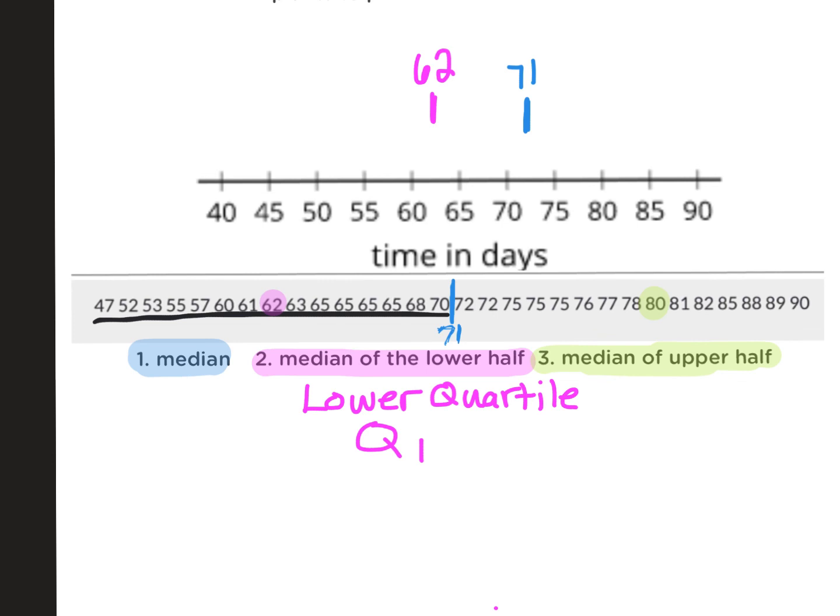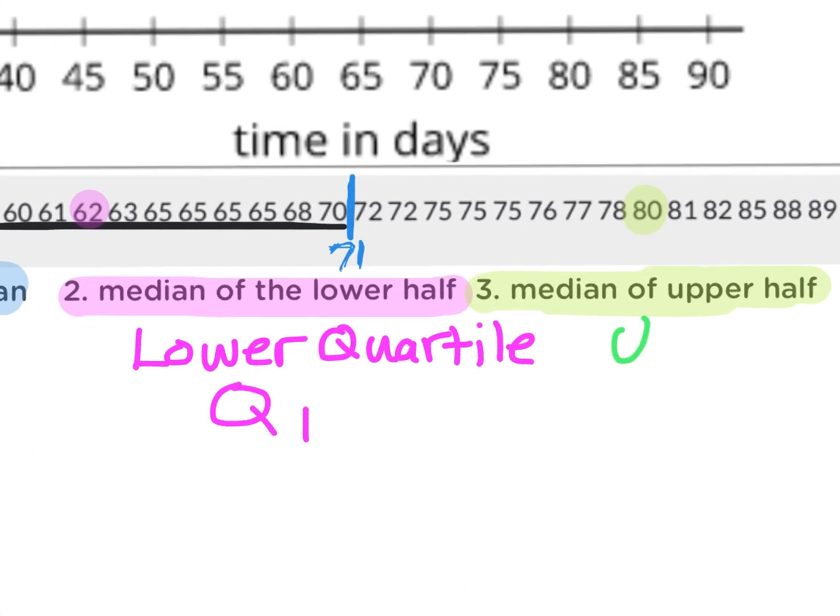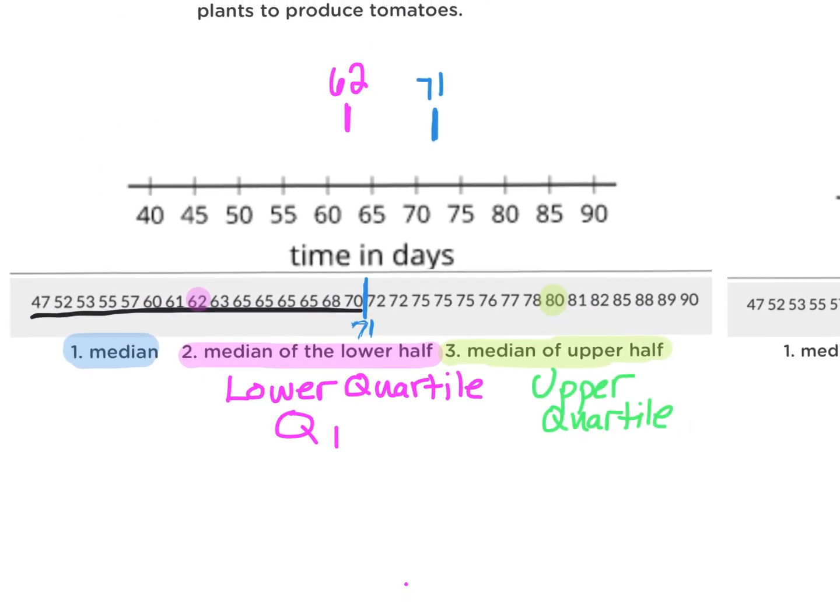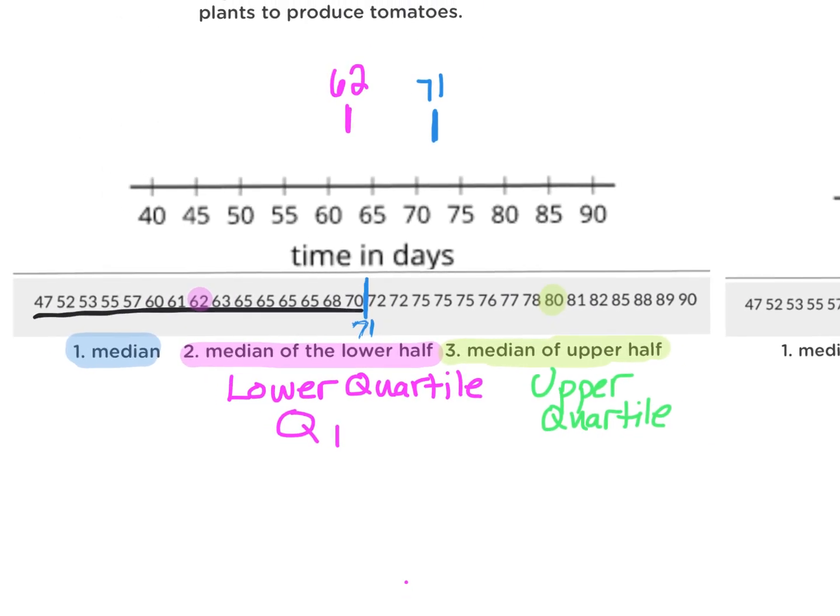And the same way the median of the lower half of the data was called the lower quartile, the median of the upper half is called the upper quartile. That is definitely a word you want to write down. You would think it would be called the Q2 for short, but it's actually called the Q3.